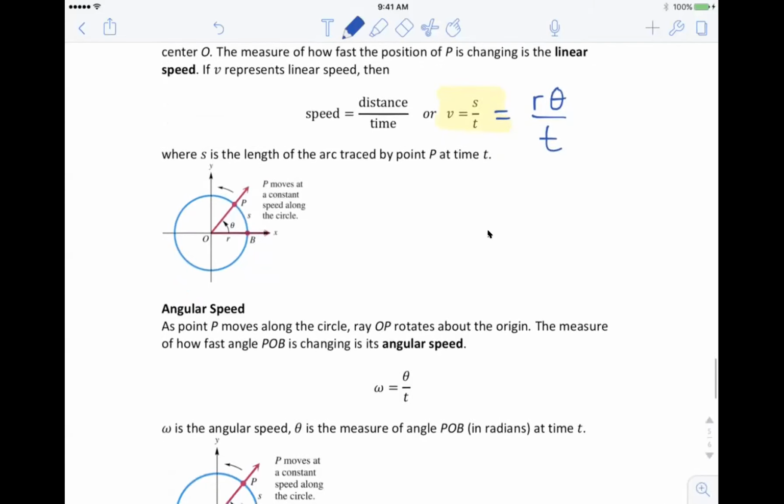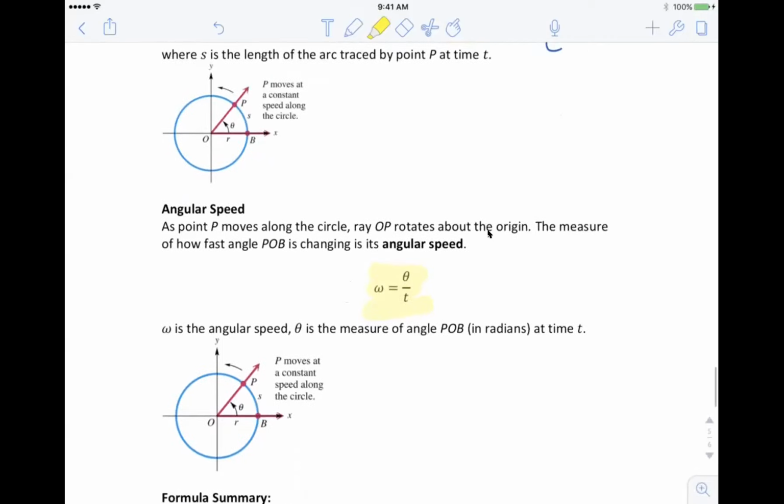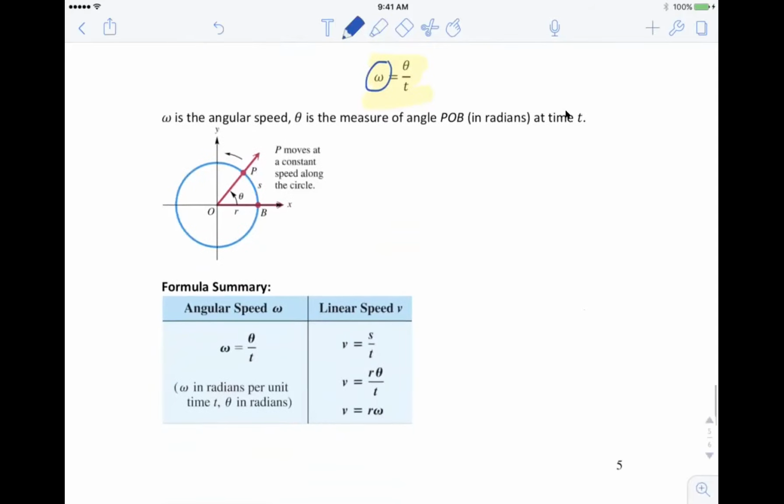Angular speed is the rate at which the angle is changing. So that is this one, and we use omega for that. That's the Greek letter omega. We're going to use that symbol to mean angular speed. So, a summary of the formulas: we have angular speed, linear speed with its variations, and then there's even one more right here.